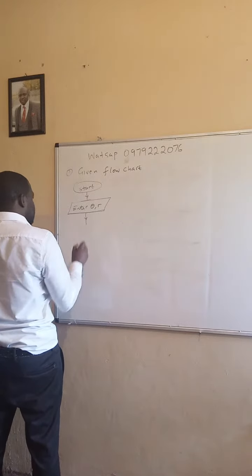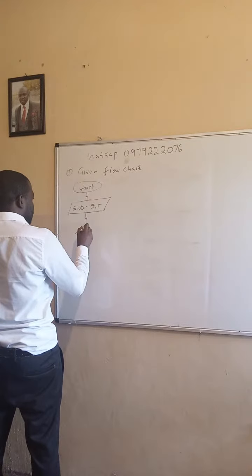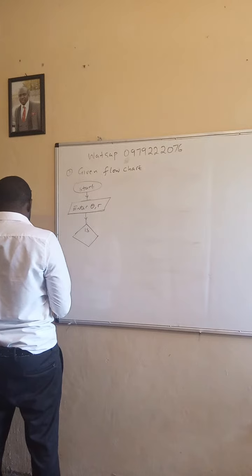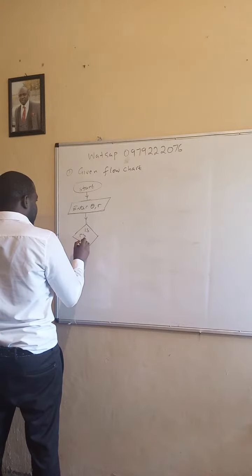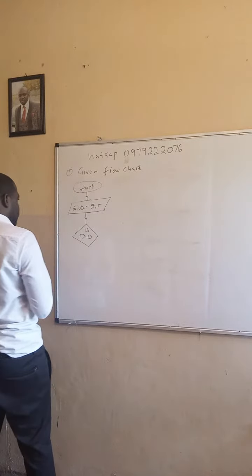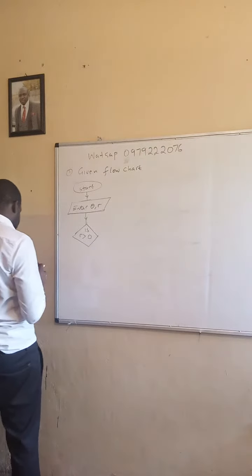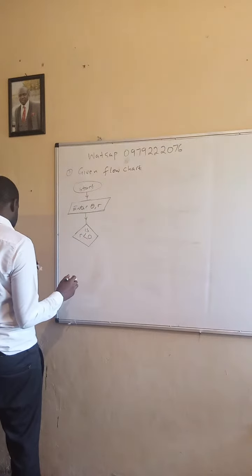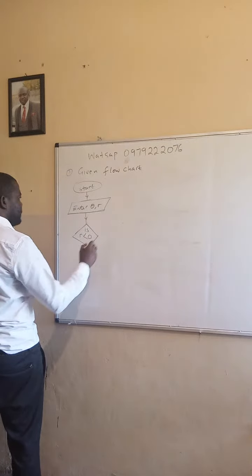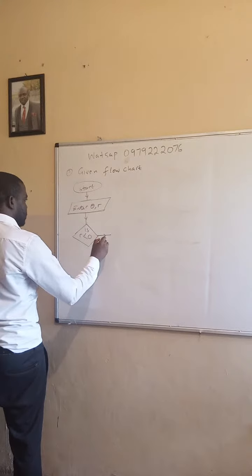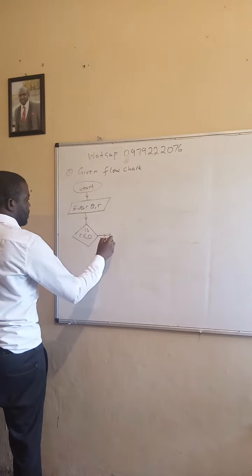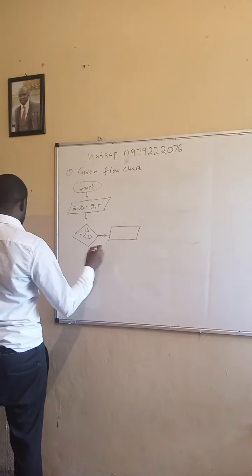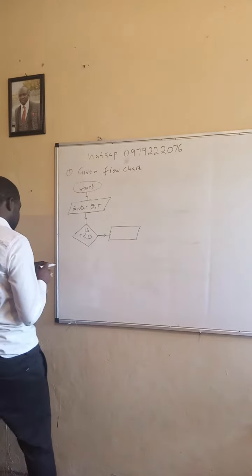And then it goes like this, and the decision box comes here, which is r greater than 0. And then here there is a comment, an error message. This one is different.